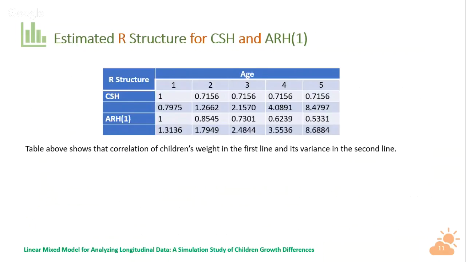We can see that the p-value of the true model, since we generate the data with heterogeneous autoregressive and then model it with the same R structure, heterogeneous first-order autoregressive, is much less than if we model with a wrong variance covariance structure.